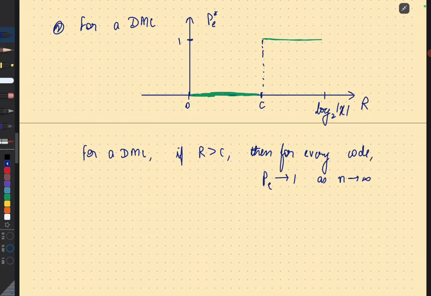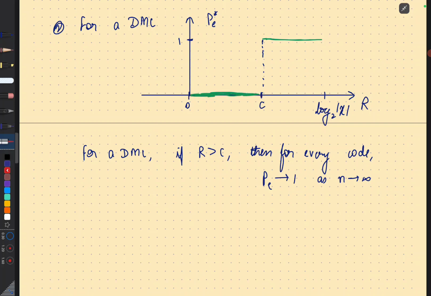Any questions? When you mean asymptotic relation, what does it mean? I'm just saying that I'm taking n to be very, very large, or correspondingly k to be very, very large. If I take n very large, then below the capacity, for the best code of a given rate, the probability of error will be very close to 0.